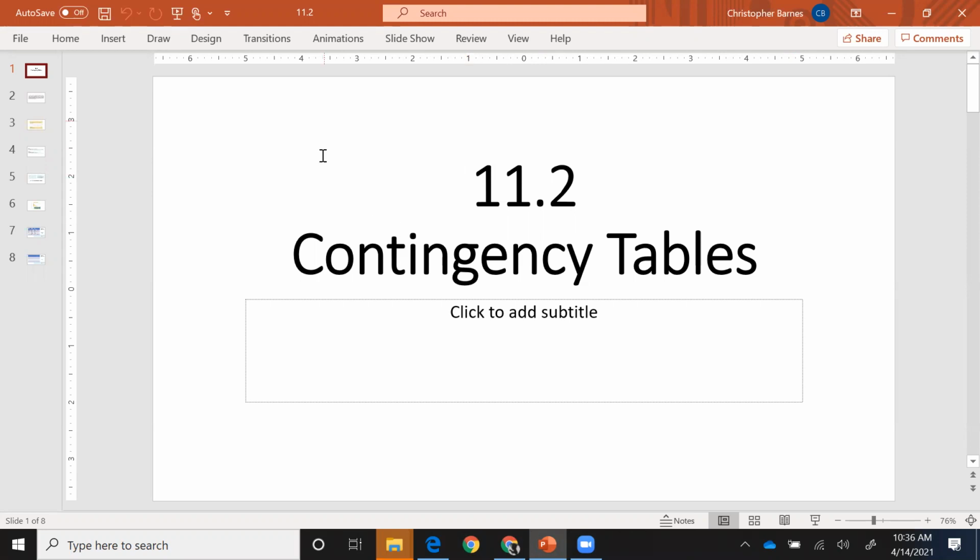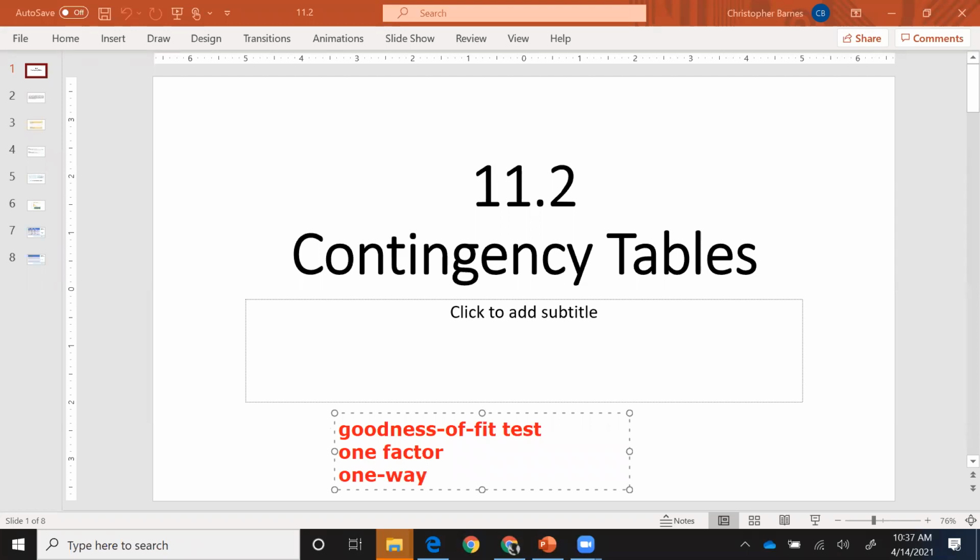However, one of the things that you guys might have realized last week when we did them is it was actually called a goodness of fit test, right? And it had one factor, and it was referred to as a one-way test.